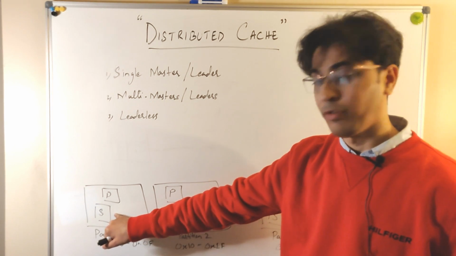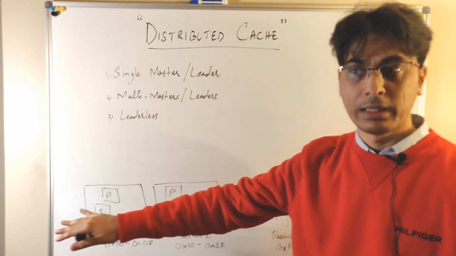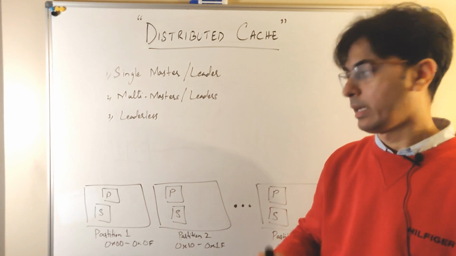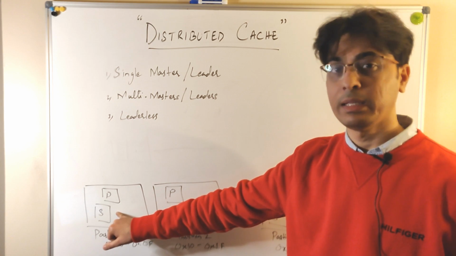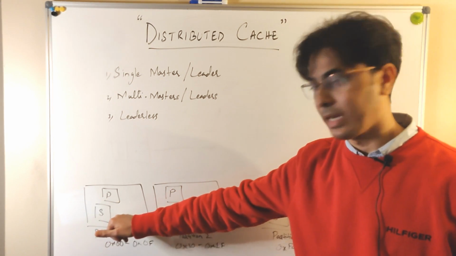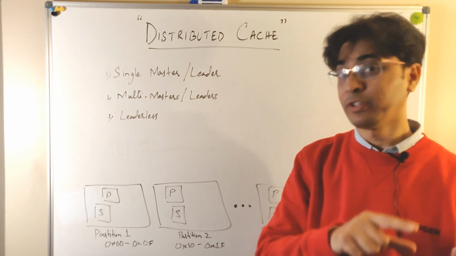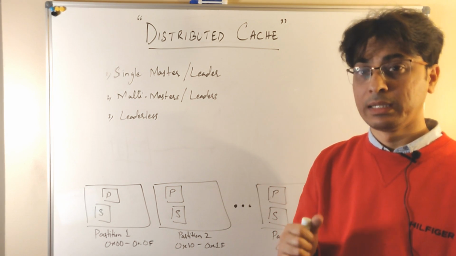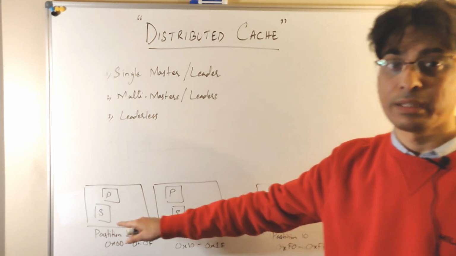It is never used for reading. It only gets promoted to primary when the primary dies, but for normal reading we will never use this secondary. Why? Because this secondary would be lagging behind the primary, since all the writes to the secondary are happening asynchronously. And since we have a non-functional requirement that we would like our data to be strongly consistent, we cannot read from these secondary servers.